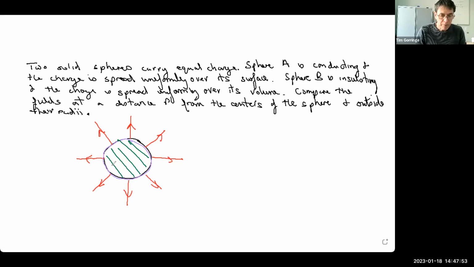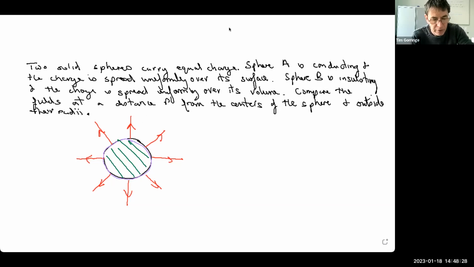So I'm going to place in my sketch, imagine in my sketch, a closed spherical Gaussian surface, concentric on the sphere, centered on the sphere. And we're going to use that imagined concentric spherical Gaussian surface to solve and compare the electrical fields of the conducting sphere and the insulating sphere.